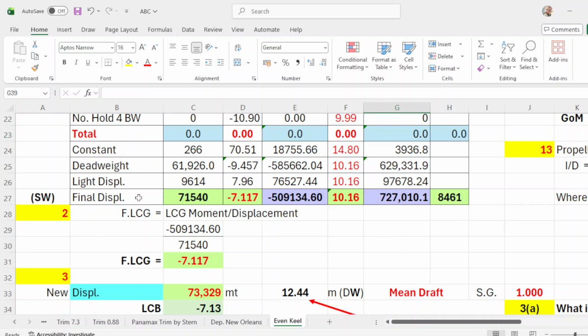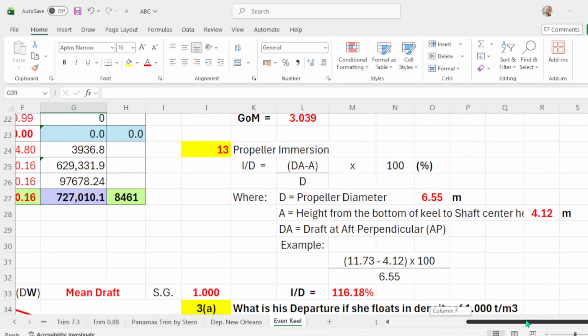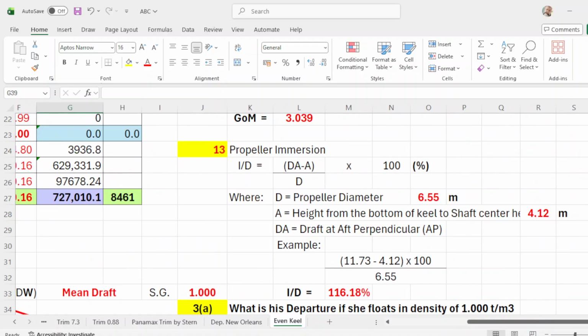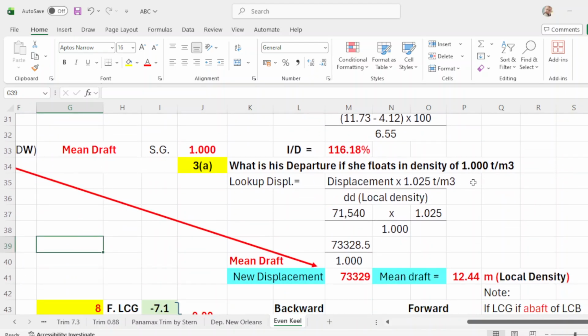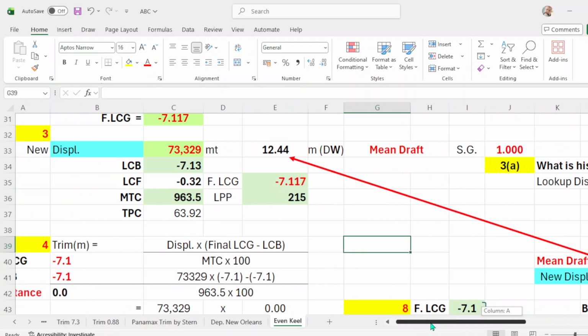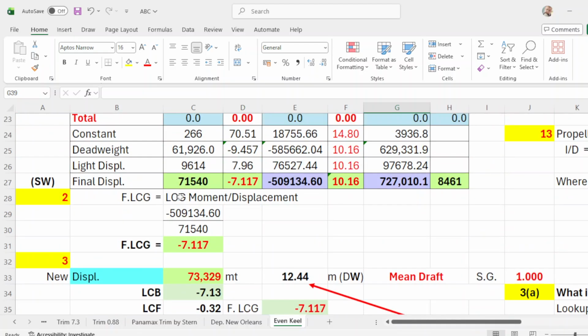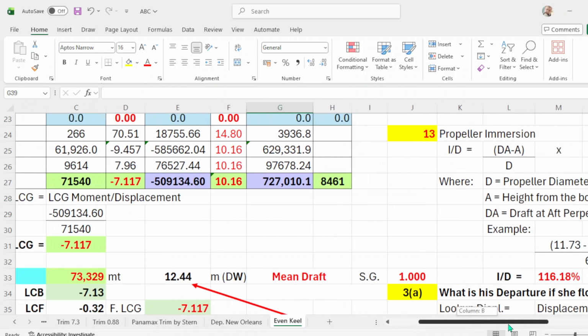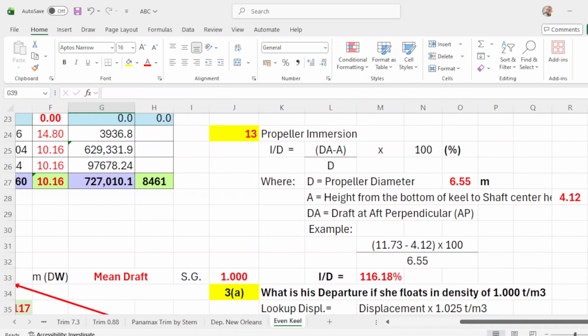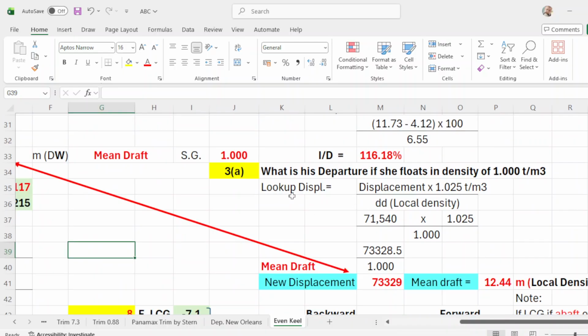Okay. Now, with this drop, this is in salt water. Okay. So you convert this drop to density of 1.00 tons per cubic meter, or local density in New Orleans. So with this displacement, displacement times your constant seawater of 1.025 over your local density.